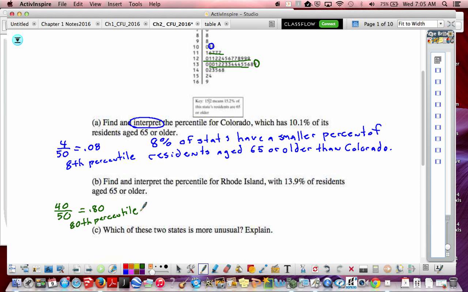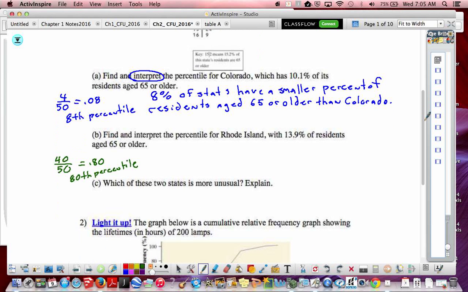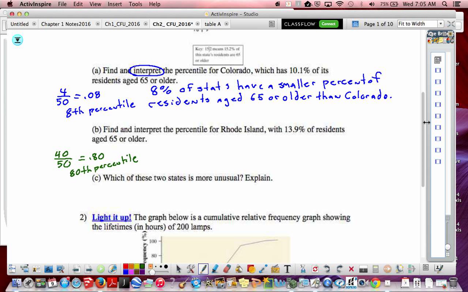Again, what I want to do is, oh, I see here that E was left out in states. I just interpret it in the context of the problem. Almost word for word the same, but I'm talking about Rhode Island here.